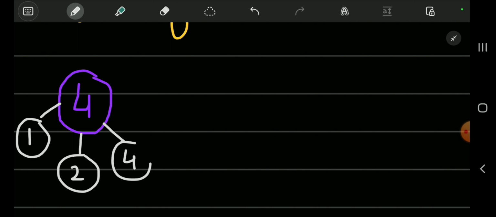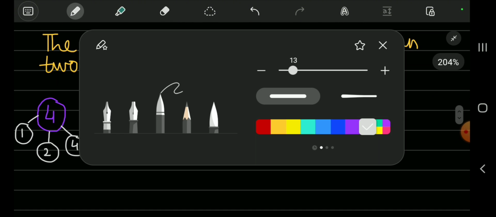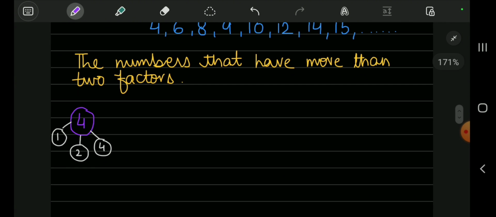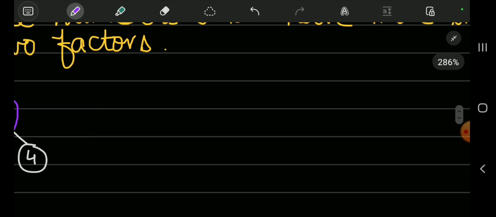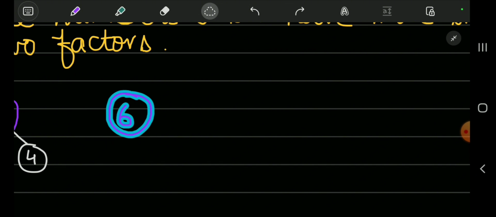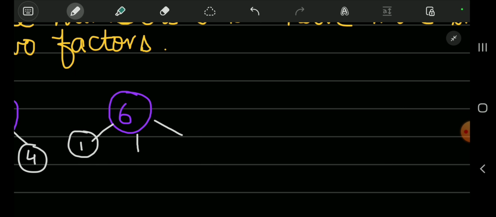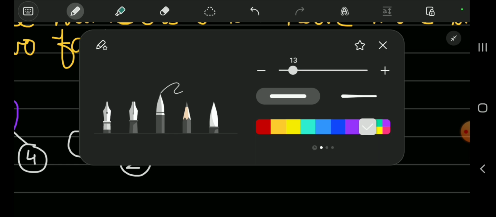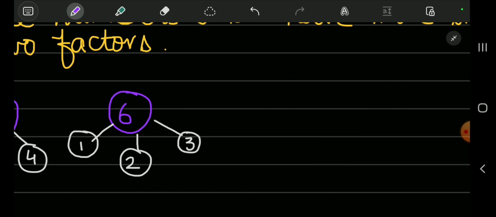So it has more than 2 factors, that is why it is a composite number. Then 6: 1, 2 and 3.